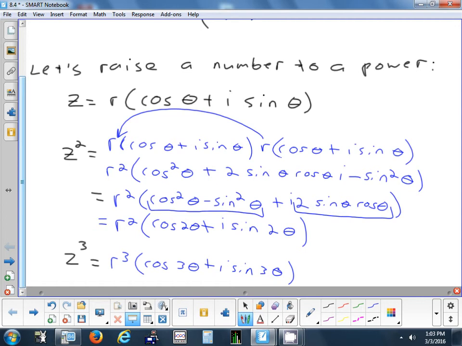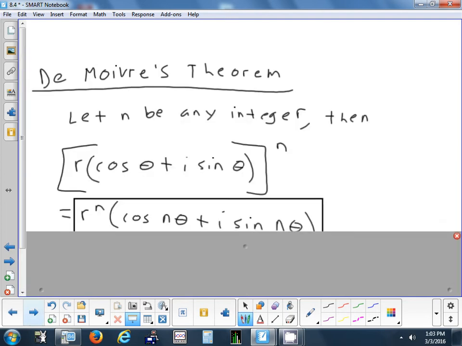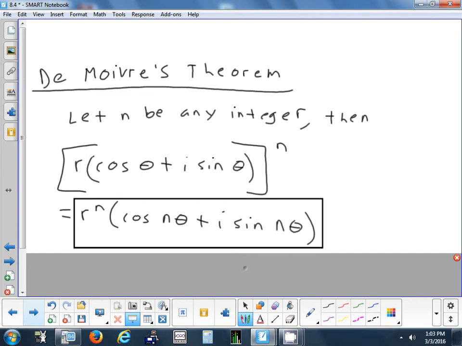Right? So this gives us a very easy way to raise a number that's in trig form, has to be in trig form, to a power. And it's called DeMoivre's theorem. So the theorem works for any integer power. And what you do is raise the radius to your power and multiply the angle by your power.